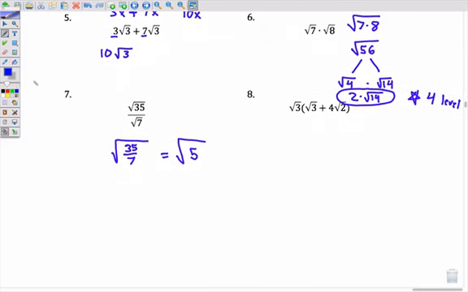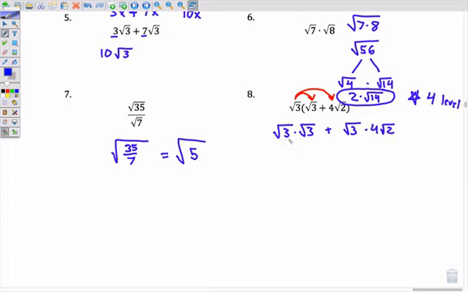Number 8, the first thing here is just make sure you do distributive property. So that will give you, and I would definitely write out this step. Sometimes with distributive property we don't. But with these it's harder, so I would. This is what you get after you distribute.